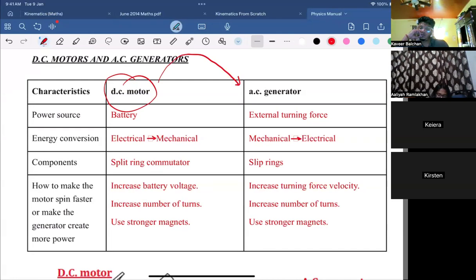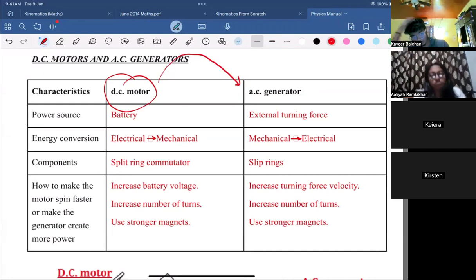Normally, you hook up a battery to a motor to make it spin, right? So you connect it to power and the motor does spin. But what if you don't have a battery connected to it, you just spin it? If you just spin the motor, it'll generate power.